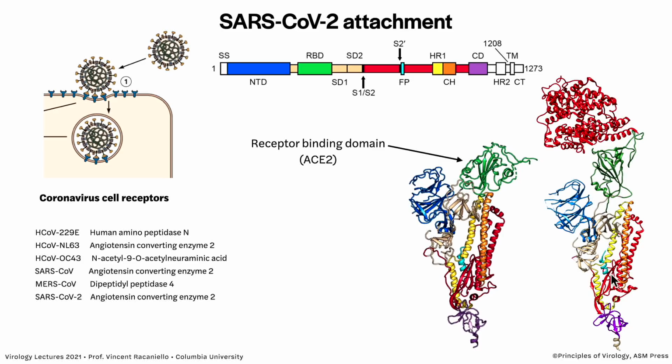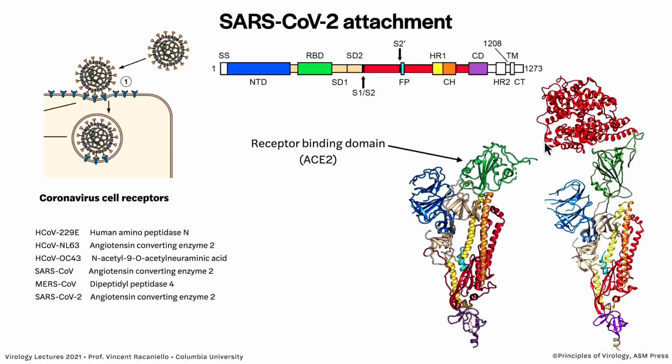In fact, in this structure on the right, which I just whipped up yesterday using the coordinates, we have the spike, and now we've got ACE2 in here. The structure of spike bound to ACE2 was solved within the next few months. You take the two proteins, mix them, and do cryo-EM. Here's ACE2, the red protein, and you can see it's interfacing with spike here.